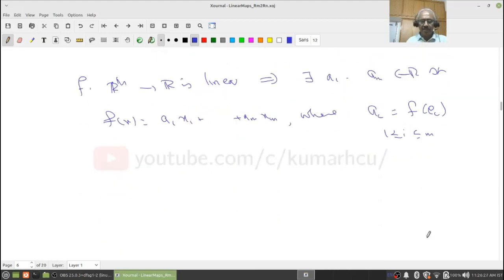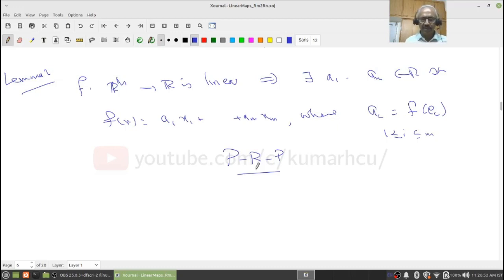So this is the second lemma. Pause, review, proceed. Every linear map from Rm to R is of the form f of x equal to a1 x1 plus a2 x2 plus am xm, where a1 is the value of f at e1 and am is the value of f at em.